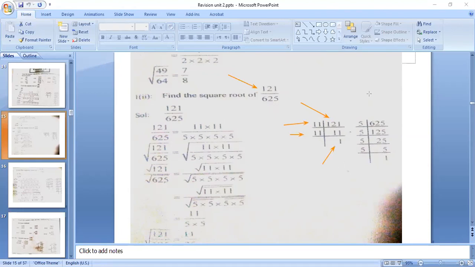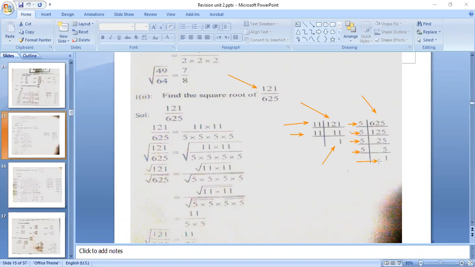And 625: as there is 5 at the unit place, we start by using 5. When we divide it by 5, we will get 125. Then we divide 125 again by 5, we will get 25, and then 5 fives are 25 and 5 ones are 5.